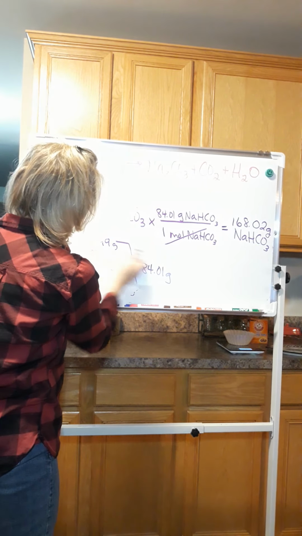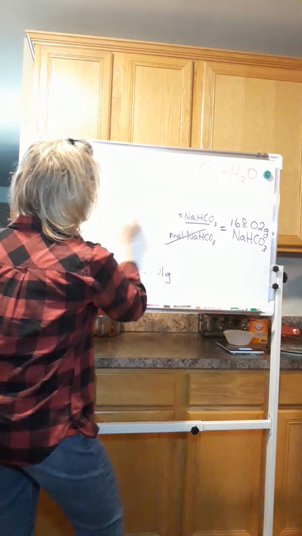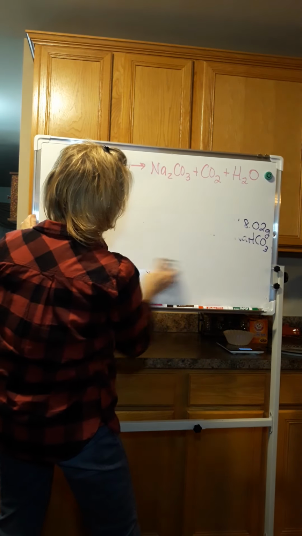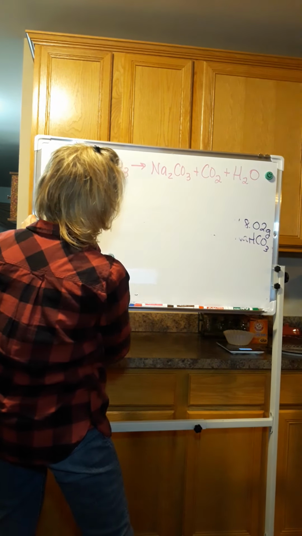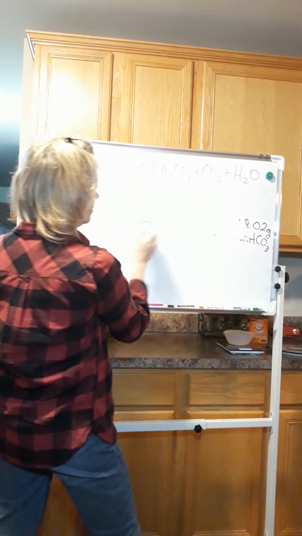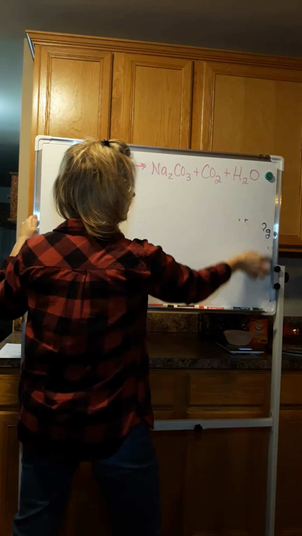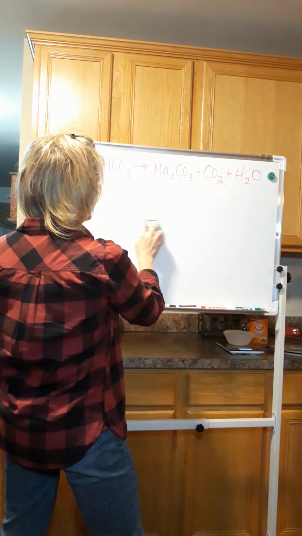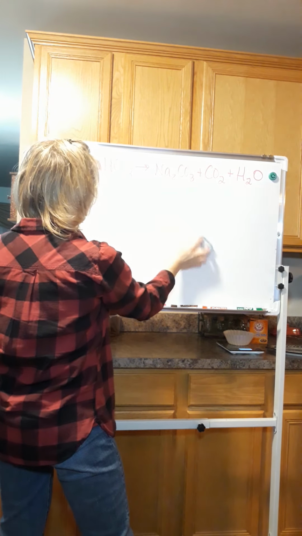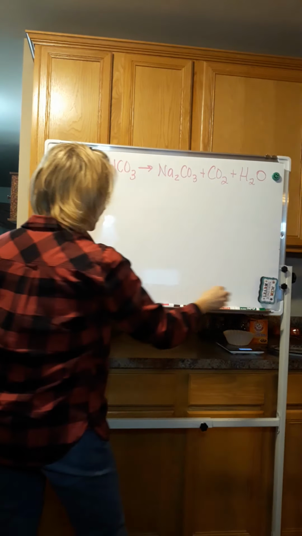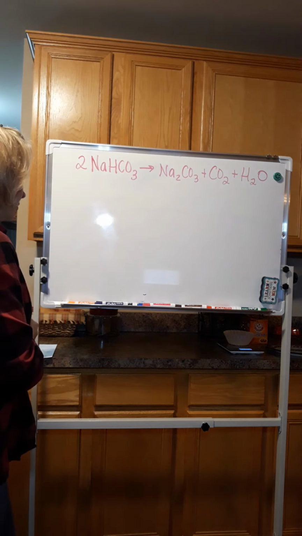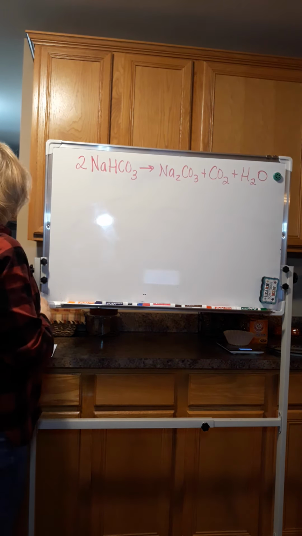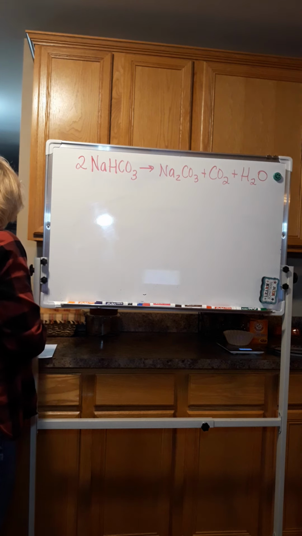So if I have 50 grams, or I think it was 52 grams of sodium bicarbonate, I'm not going to be able to make a whole mole of sodium carbonate. I'm going to be making a little bit less. So let's see if we can't figure out how much sodium carbonate I'm going to be able to produce here.